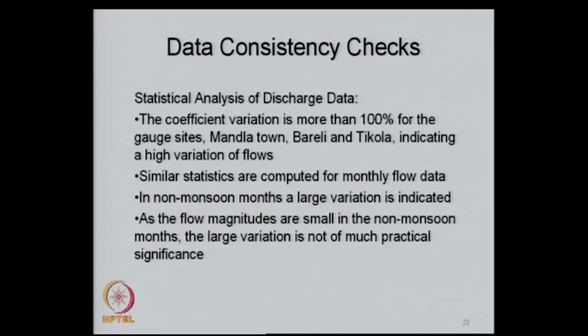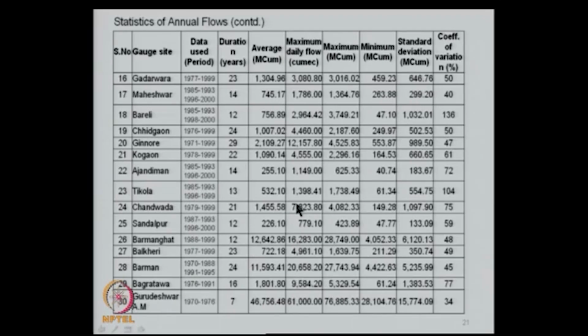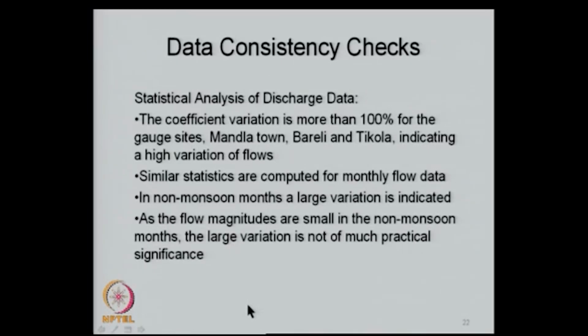Then you go to the statistical consistency checks. Remember here we have done this exercise after filling up all the missing data. So, once you fill up the missing data, you identify 30 stream gauge stations for further analysis, and then you start the consistency checks.